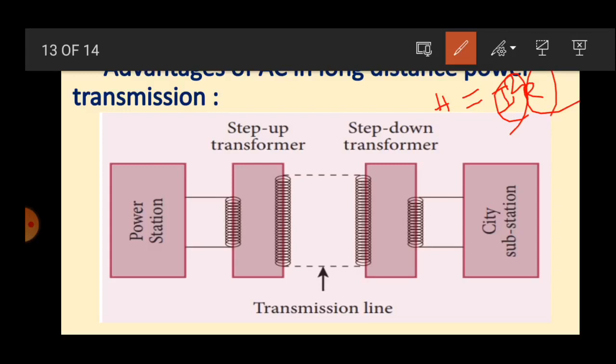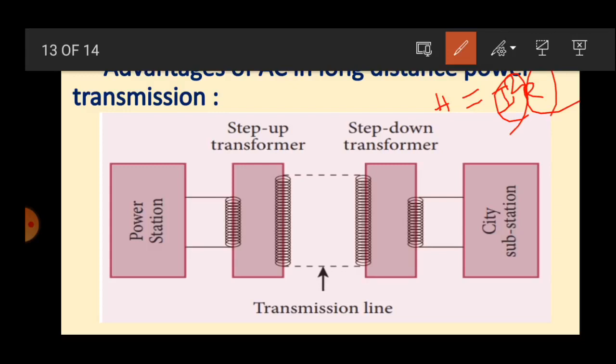But this increases the cost of production of the transmission line and other related expenses. So this way of reducing power loss is not economically viable.